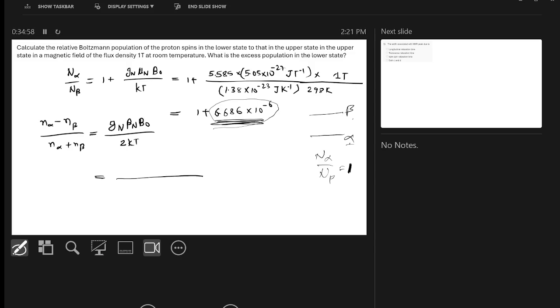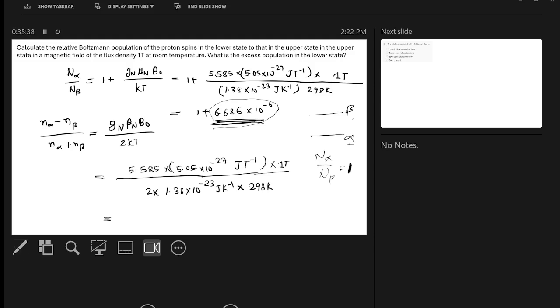You can substitute here. Gn for proton is 5.585 and beta n is 5.05 times 10 to the power minus 27 joule per Tesla, and B is 1 Tesla, divided by 2 times 1.38 times 10 to the power minus 23 joule per Kelvin times 298 Kelvin.